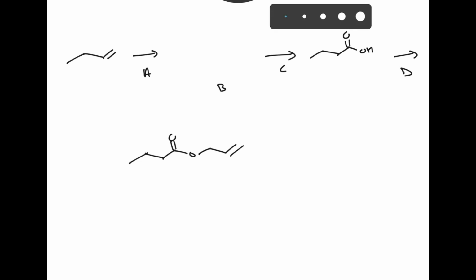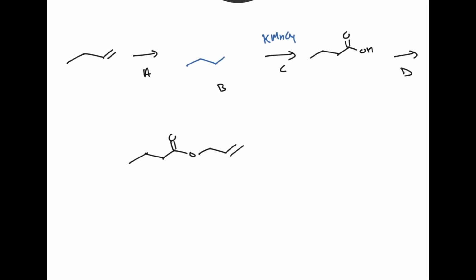So we could say, we have KMnO4, and I have this primary alcohol. How do you turn a double bond into a primary alcohol? That's how you go from alcohol to double bond. I need to go the other way.